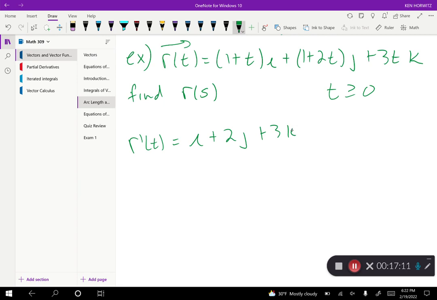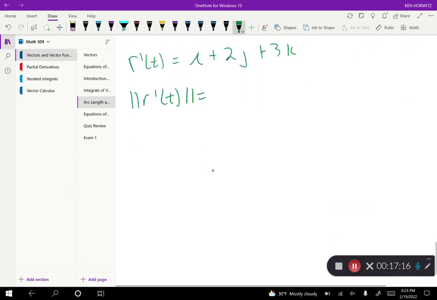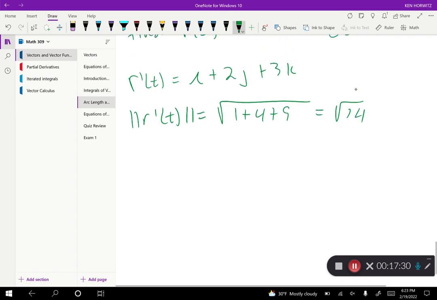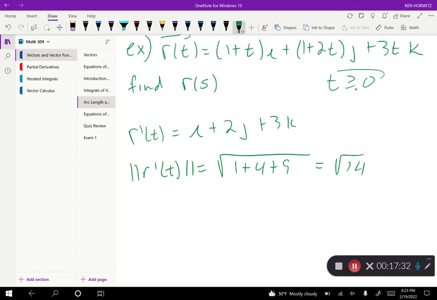All right, now I want to know the magnitude of r prime. So everything starts out being exactly the same as before. So I have the square root of 1 plus 4 plus 9, which equals the square root of 14. Now notice, I don't have a specific starting and ending point, just greater than 0.